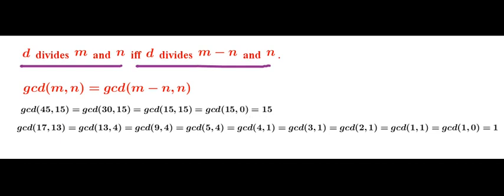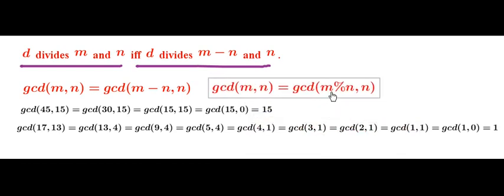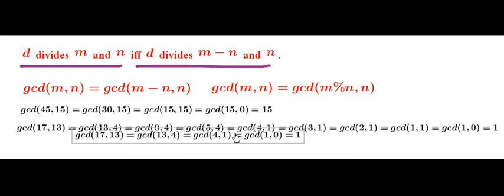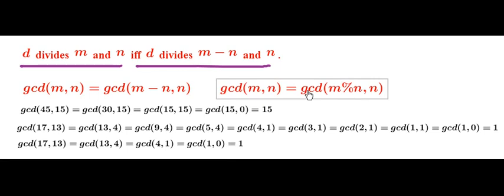Ultimately, this is also true: GCD of m comma n is nothing but GCD of m modulo n comma n, and if we apply this definition, we can get the correct results very quickly. For example, here you can see for the same values, instead of 8, we just require 3 iterations to get the final correct answer. So this iteration is Euclid's algorithm, and now we will implement it.